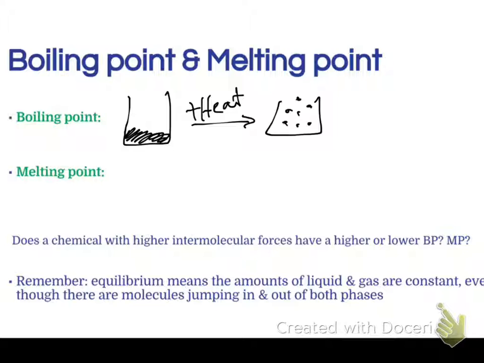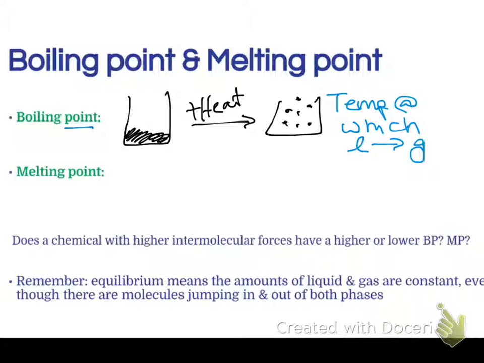And the reason for that is that you have to separate the particles. So you have to break up those strong attractive forces between particles. When they say point, what they mean is temperature. So boiling point is the temperature at which something goes from a liquid to a gas.